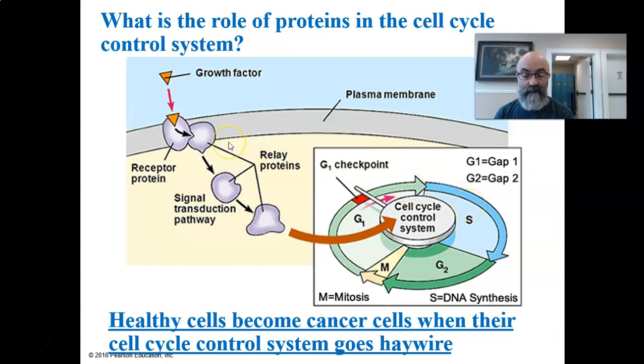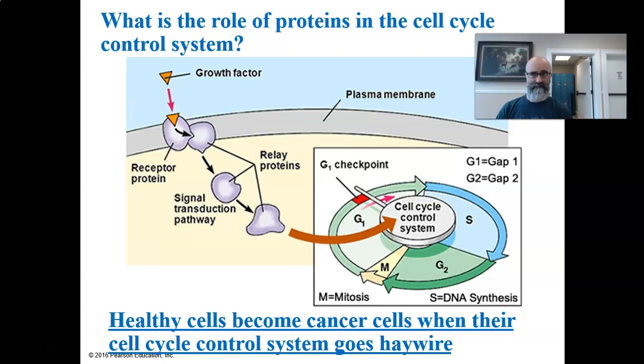And actually, this is really an oversimplification because there's a whole bunch of proteins involved here. And if any one of these proteins is damaged, we can affect the cell cycle control system. And when you affect the cell cycle control system, you affect how quickly a cell divides, right?